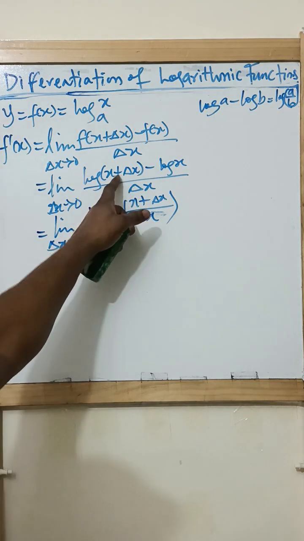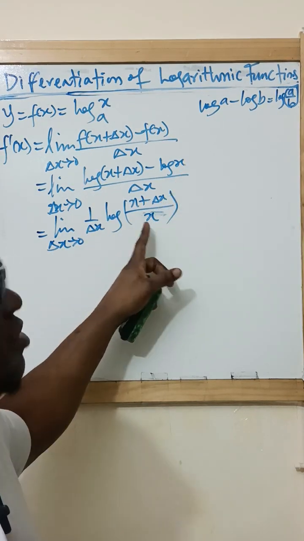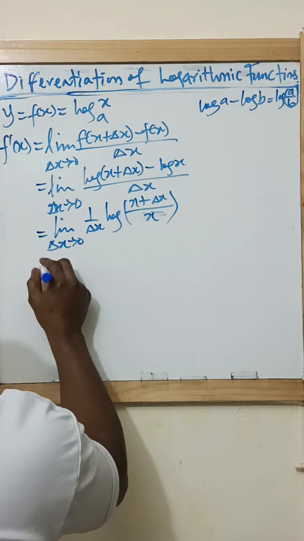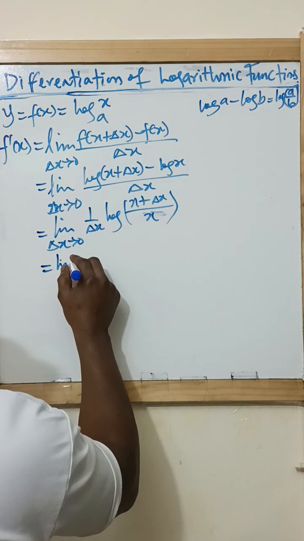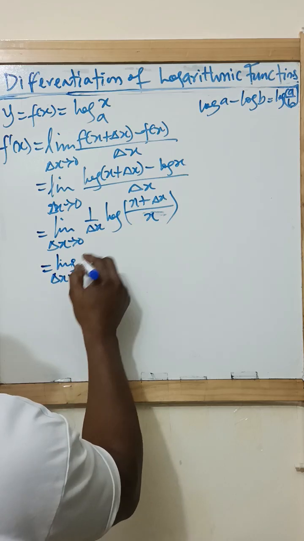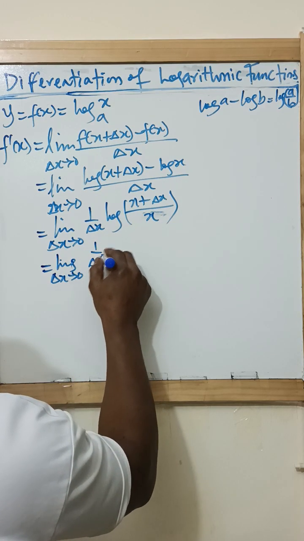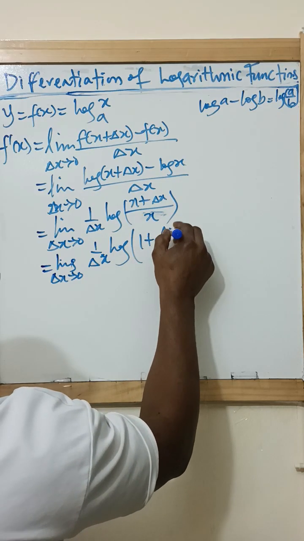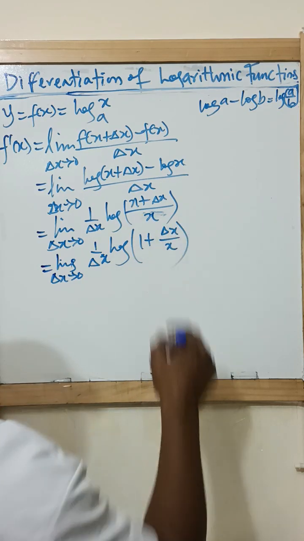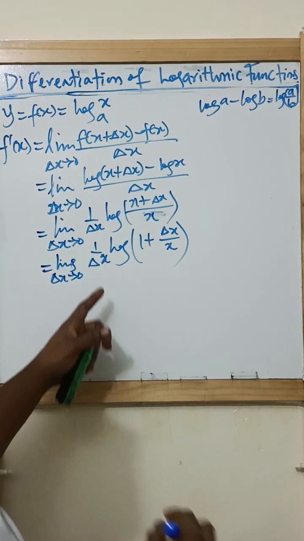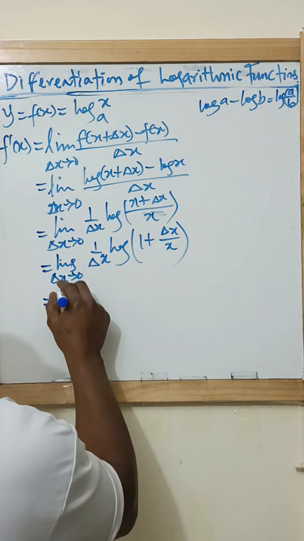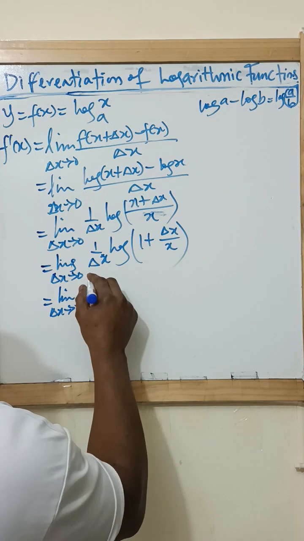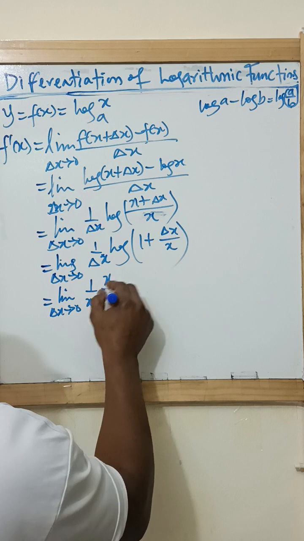So if this cuts this and this is divided by this, we have the limit as delta x tends to 0 of 1 all over delta x log of 1 plus delta x all over x. Now we can simply rewrite this as the limit as delta x tends to 0 of 1 all over x, and x all over delta x log of 1 plus delta x all over x.